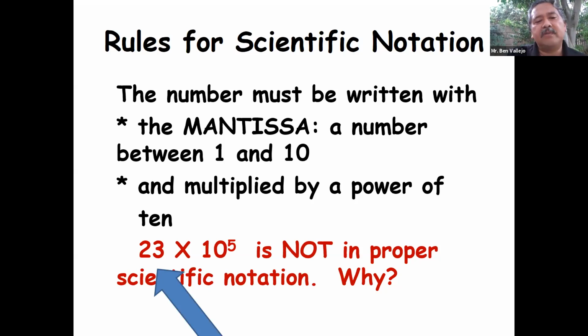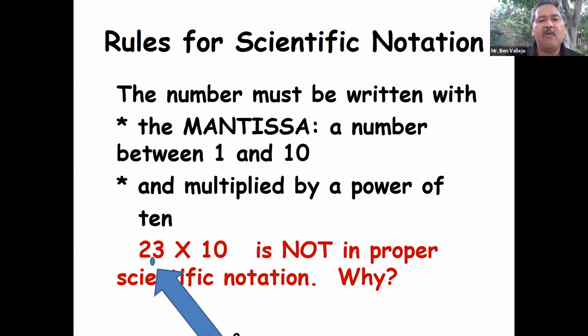We need to move the decimal in such a way that we can get these two numbers to be between 1 and 10. So I move the decimal that's understood to be there in between the 2 and 3 right there. So 2.3, but now since I moved the decimal over, I need to add an exponent to that. And so that would now be 10 to the 6th. So that's our number that is in scientific notation. 2.3 times 10 to the 6th is the correct way to write that number that we had previously as 23 times 10 to the 5th.